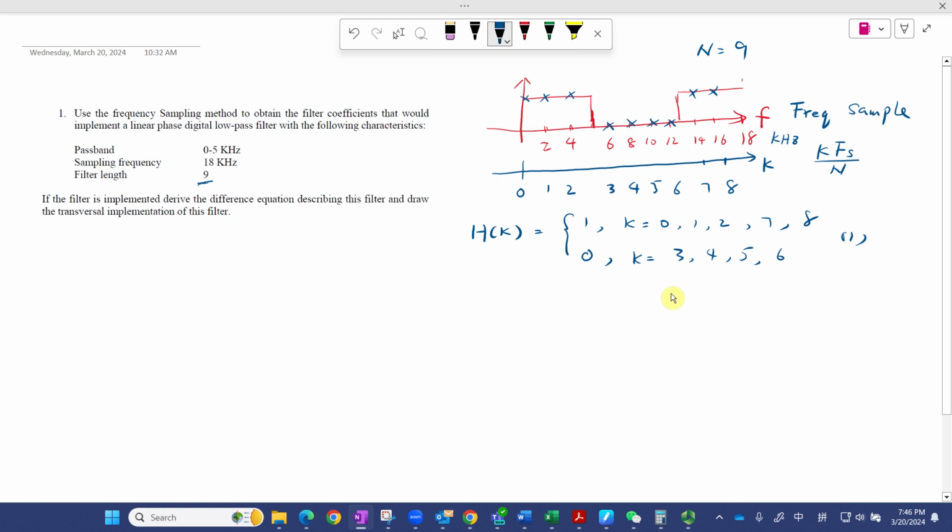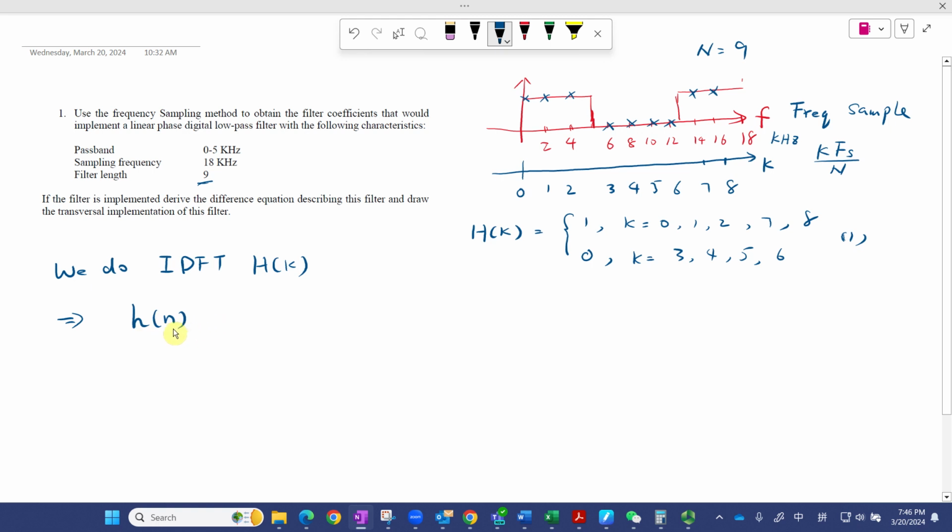So what we want to do is an inverse DFT for that one. If we can do that, then we can calculate the inverse of the capital H[k], and we will get the lowercase h[n].